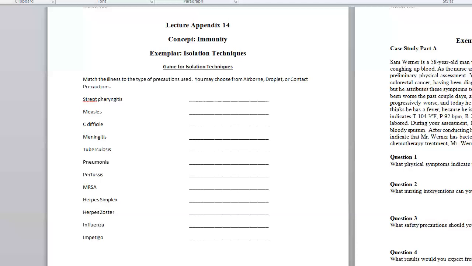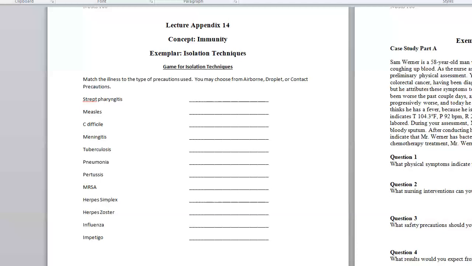So with strep pharyngitis, which precaution should we use? The answer is droplet. Measles, and that was stated in your book: airborne. C. diff. Oh, contact. We know about that. Meningitis: droplet.